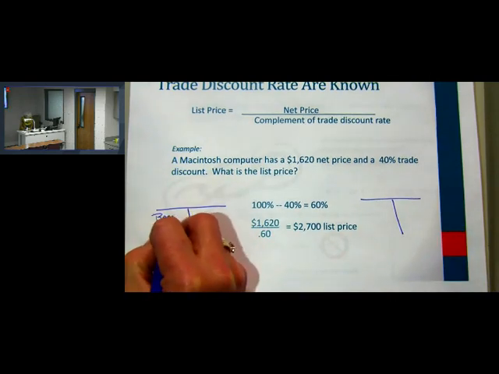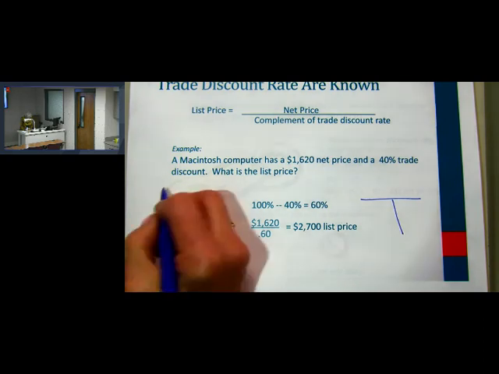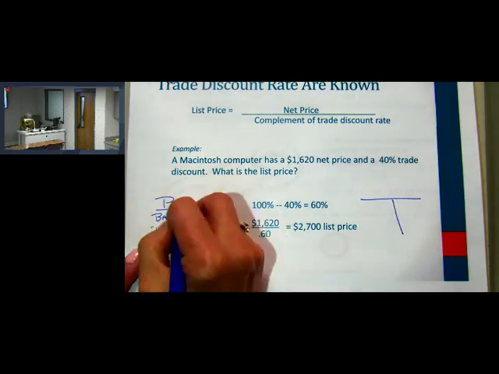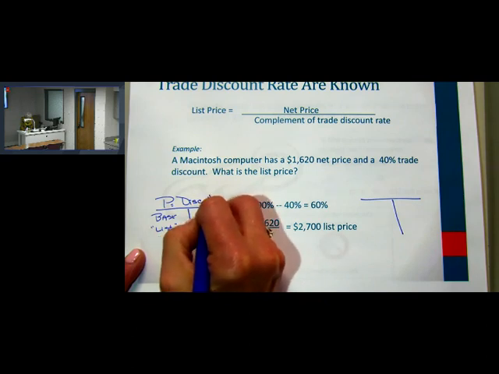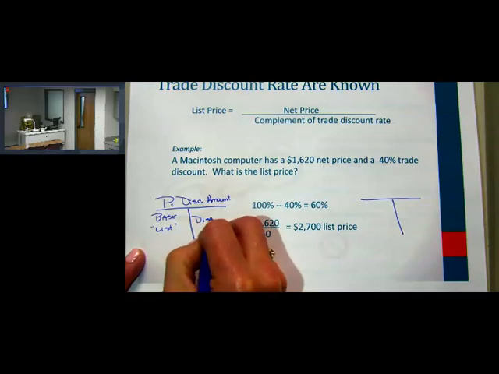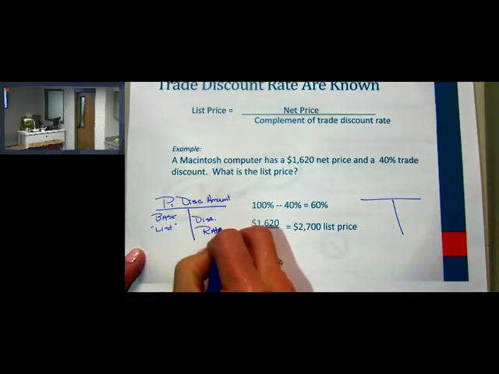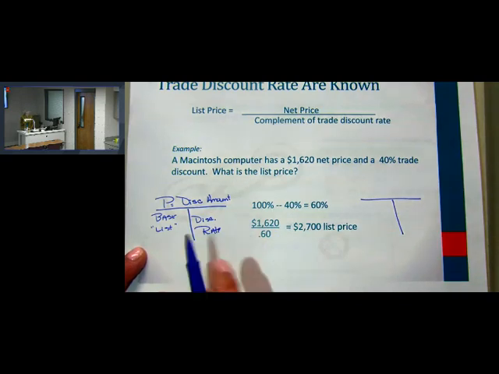Remember, base is always going to be list. Portion can be discount. This is an amount. Discount amount. And this is the discount rate. Remember, these two have to relate to the same part of base. So you have to have the discount rate with the discount amount.